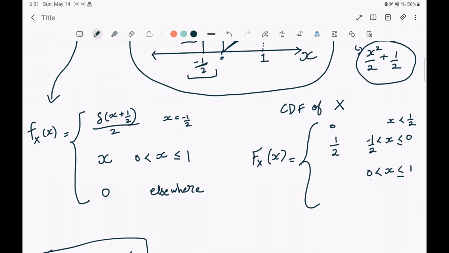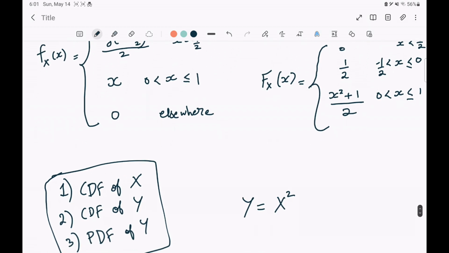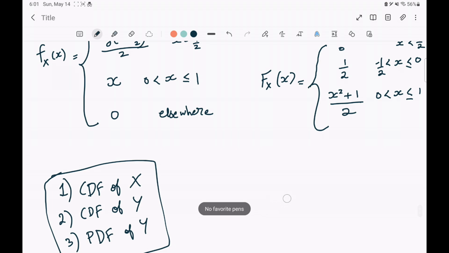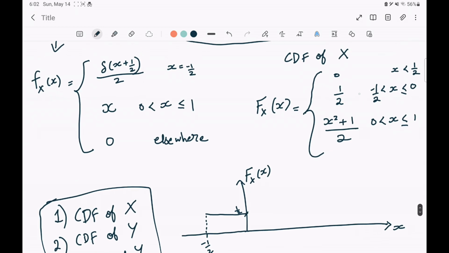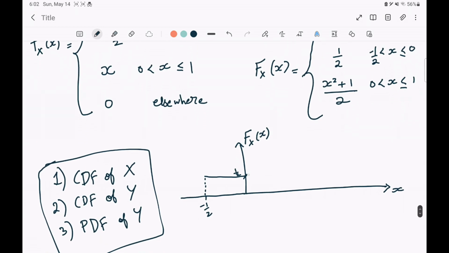So for small x in the range between 0 to 1, it would behave like x square plus 1 divided by 2. If you want to plot it, you can plot it in this way. From x equals minus half, it would take the value of half here, and then it would increase in a quadratic manner till the value 1.